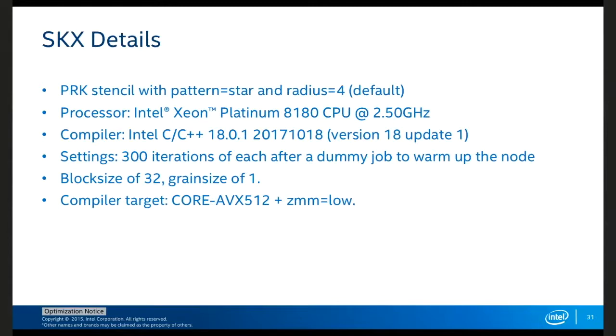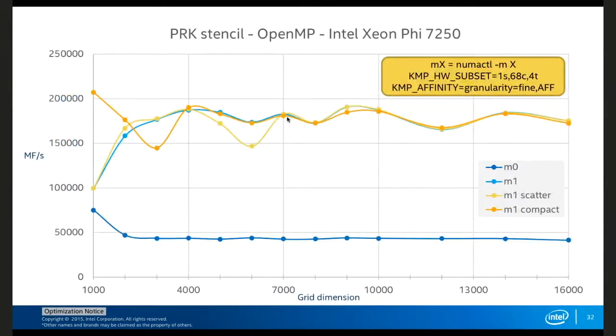And that is because the frequency will drop when you use the widest registers, and unless you're using them very effectively and your code is very compute intensive, it's better to actually use the 256-bit registers, the YMMs, which is what this will do. And that's what I do because I don't think my code has enough flops to justify the frequency drop. There's just enough memory dependence. But there are some Intel blog posts about this.